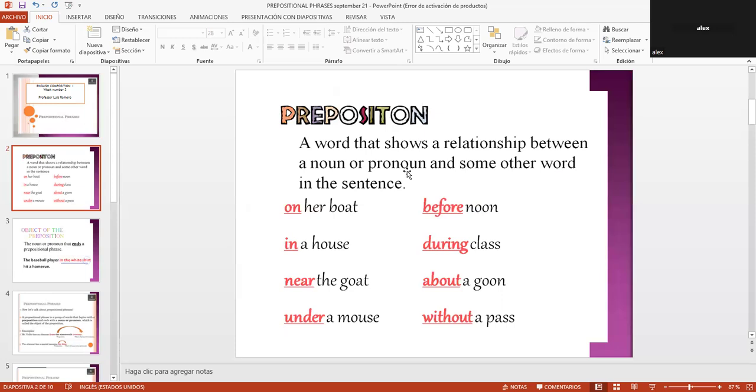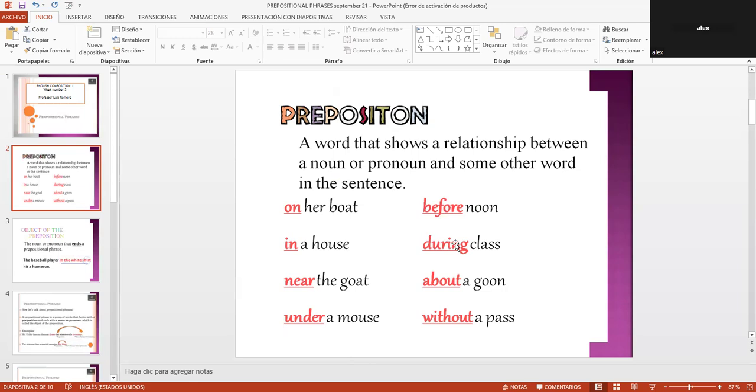The prepositional phrase is the full sentence? Is it the full sentence or just on, in, near, under, before, during? It is the two elements. For example, here, during, right? During is the preposition. So far, it is not a prepositional phrase.